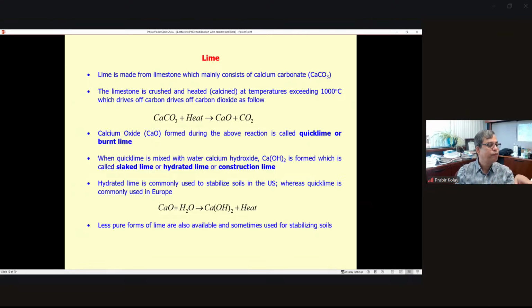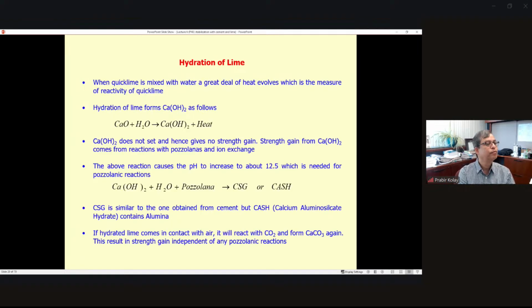Less pure forms of lime are also available and sometimes used as stabilizing agents. Sometimes people even use lime kiln dust or cement kiln dust, from the cement or lime industry. It's not actual lime, but it's a waste, and we can use that also for stabilizing purposes.